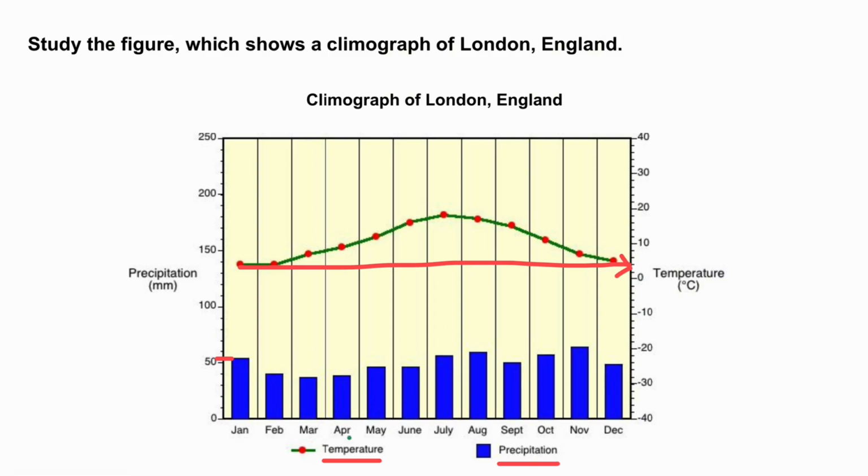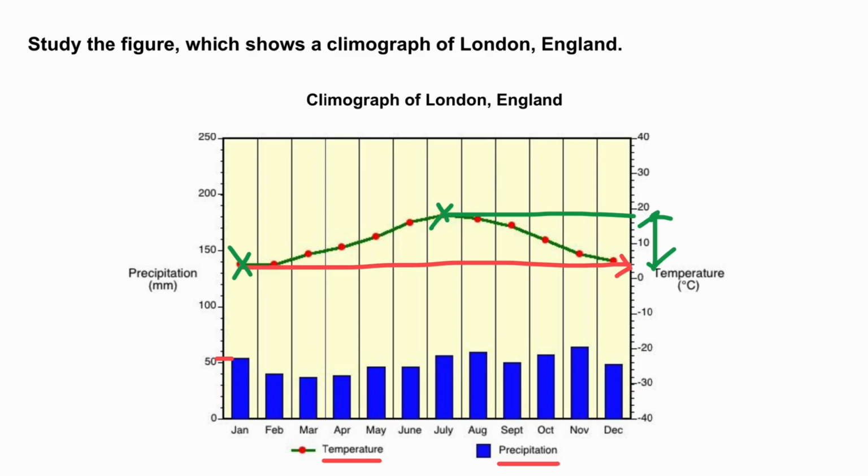Moving to temperature here, I want to look at my temperature range as well. The highest month minus the lowest month here. This is about 18 degrees all the way to 2 degrees. So 18 minus 2, my temperature range is about 16 degrees Celsius, which is much greater than the previous graph that we saw.